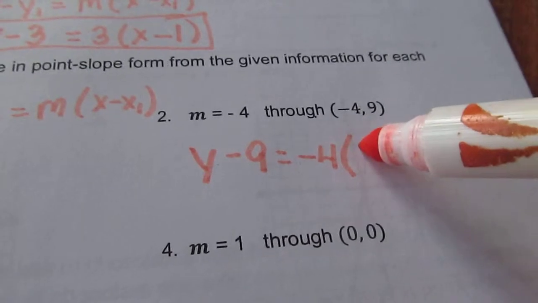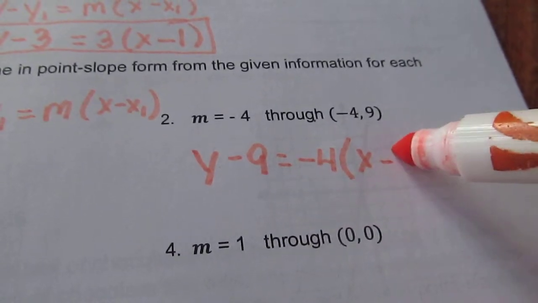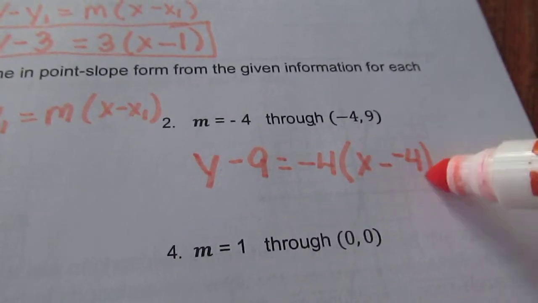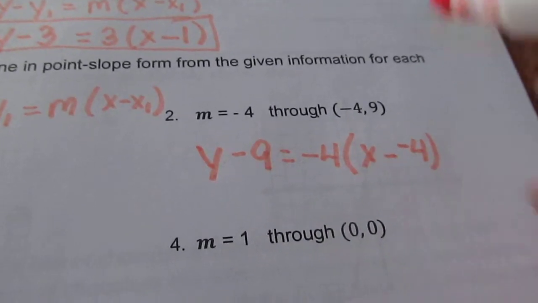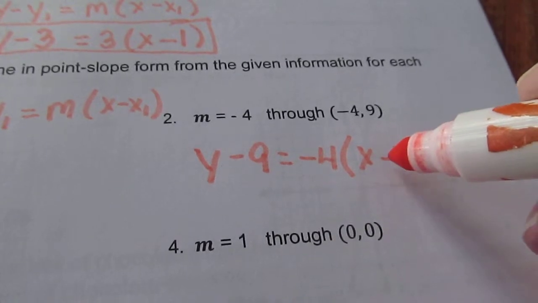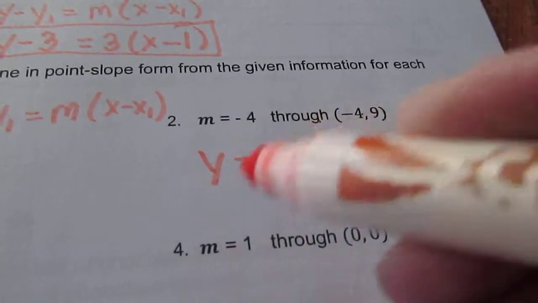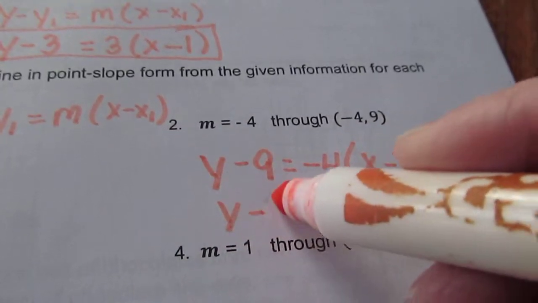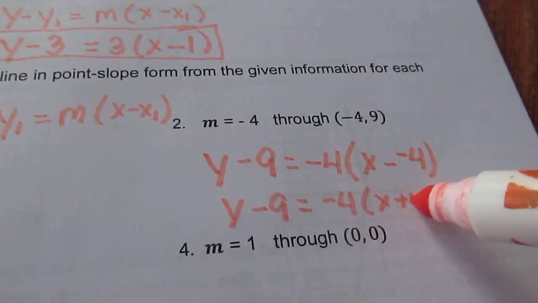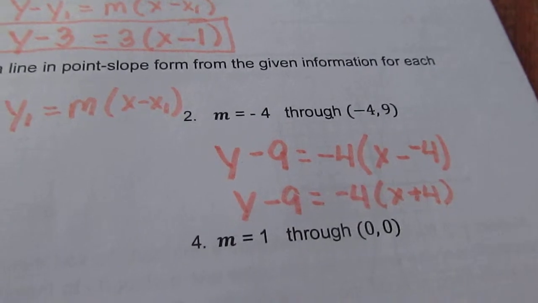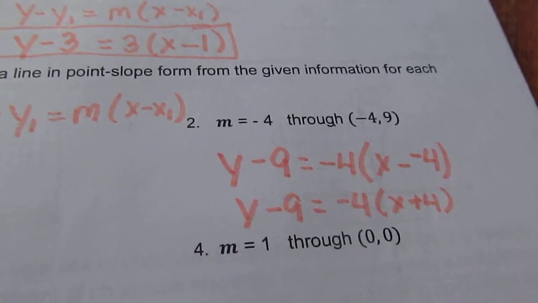And you might have stopped here. X minus negative 4. Well, you know from previous explanations or examples that 2 negatives in a row become a positive. So I'm going to rewrite that as negative 4 x plus 4. Good job.